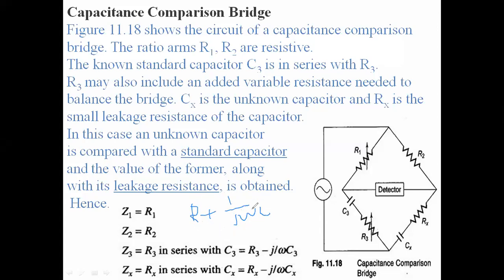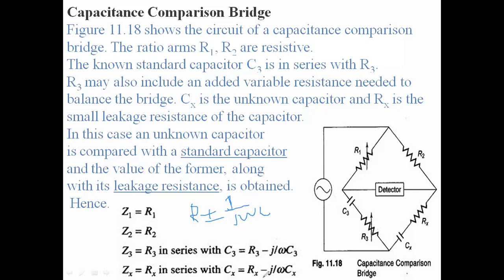In place of j omega L, we can also represent it as XC, or 1 by j omega C. When the j comes to the numerator, we get the negative sign. Then it is R minus j by omega C. So here the resistance R3 and capacitance C3 are connected in series, and Z3 is equal to R3 minus j by omega C3.